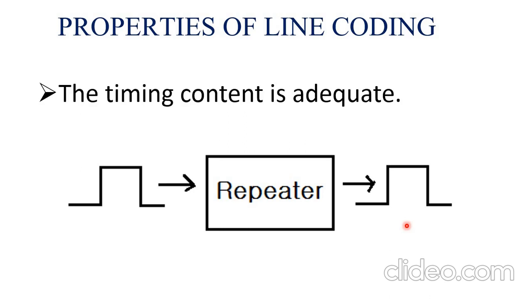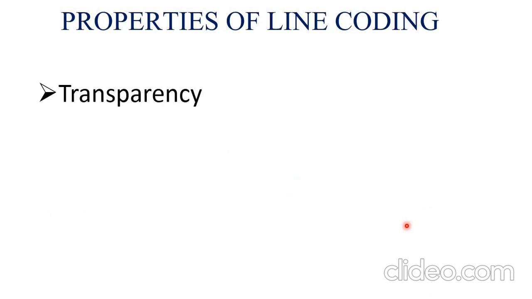Number 6, the last property of line coding technique, that is transparency. Transparent means it should be invariant to polarity inversion.